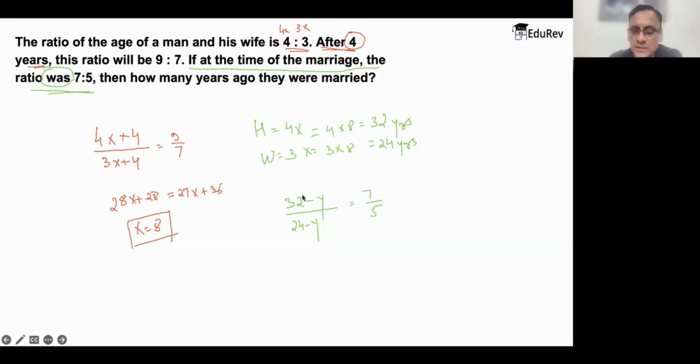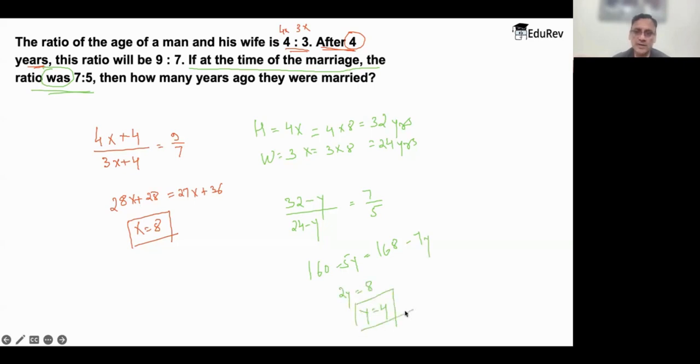Again, cross multiply: 32 into 5, 160 minus 5Y is 24 into 7. 24 into 5 is 120. 120 plus 48, 168 minus 7Y. Or 7Y I bring to the left-hand side. So it becomes 2Y is equal to 8 or Y is equal to 4.